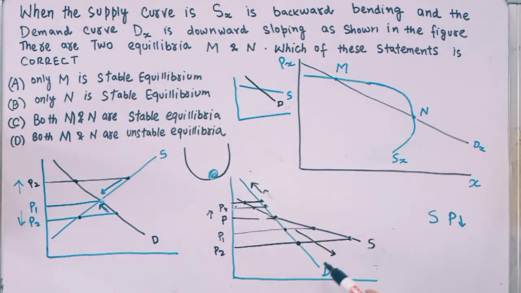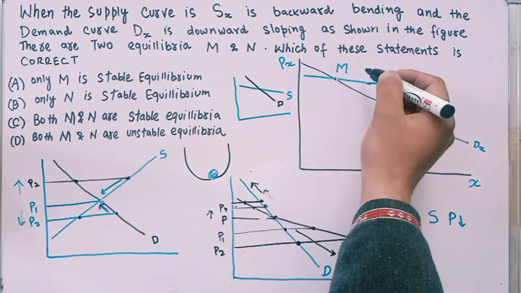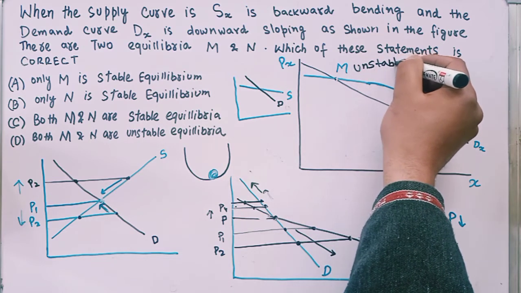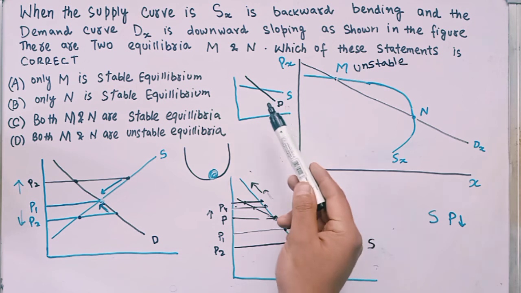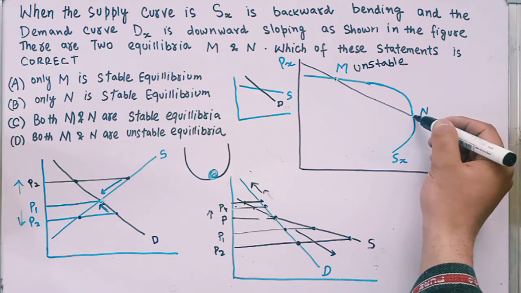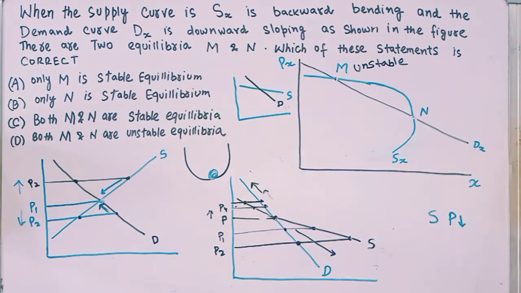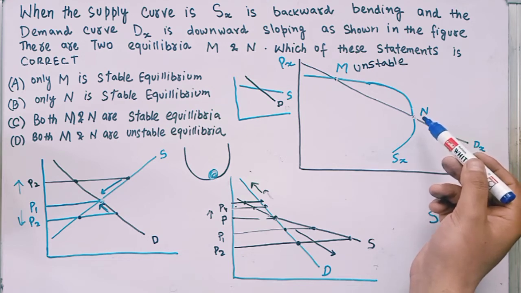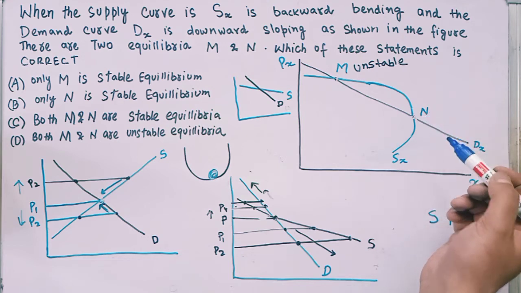So we have this situation, and this point will be unstable, because we have supply and demand both negatively sloped. And let us see what this other point is. You can clearly see this point, if I can draw it here.